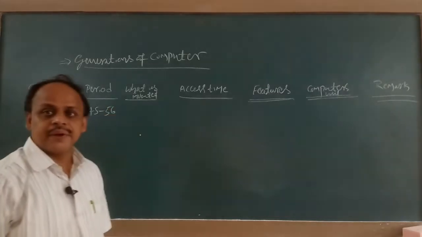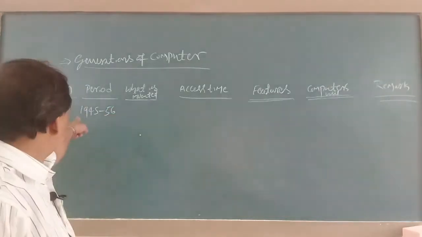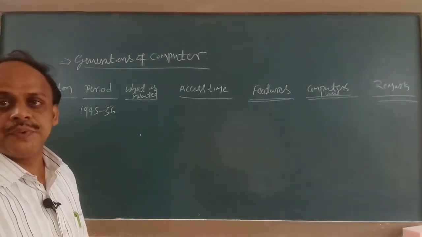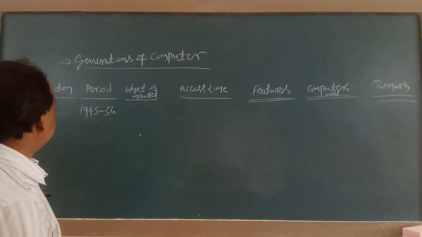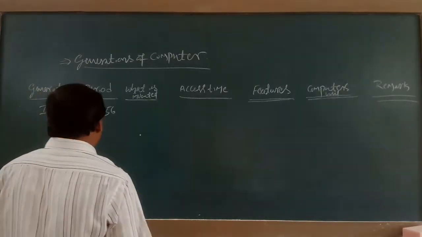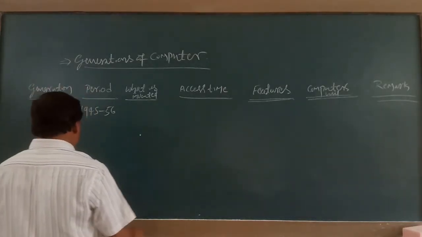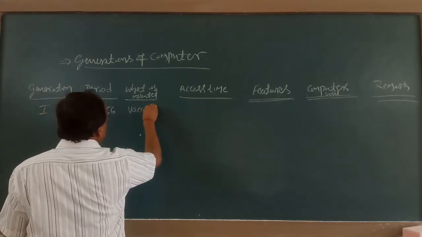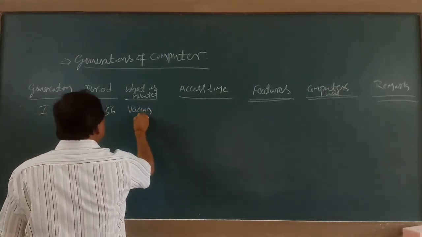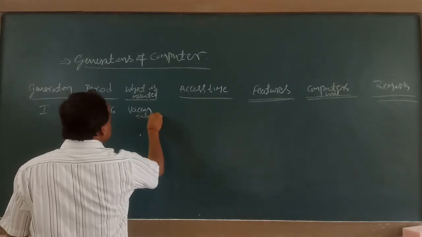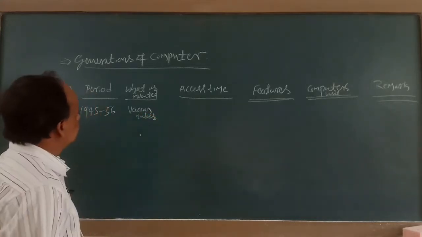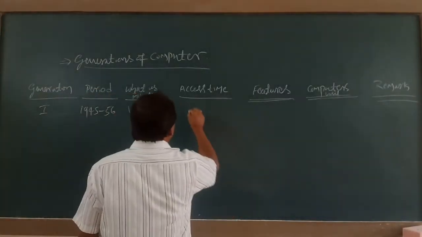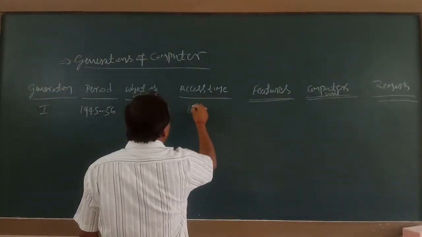So this period, 1945 to 1956, represents the first generation of computer. In this period, what is invented means mainly vacuum tubes are used, and the access time of the system is 10 to the power of -3.